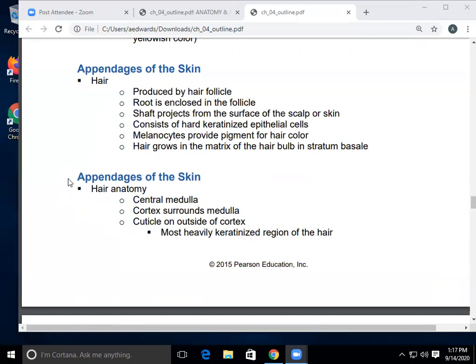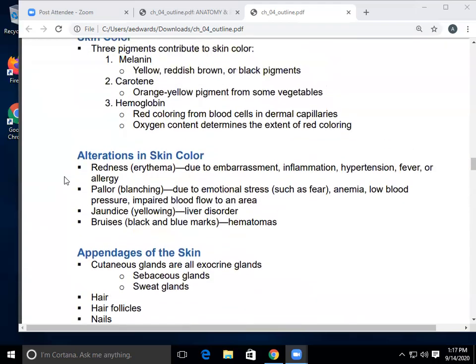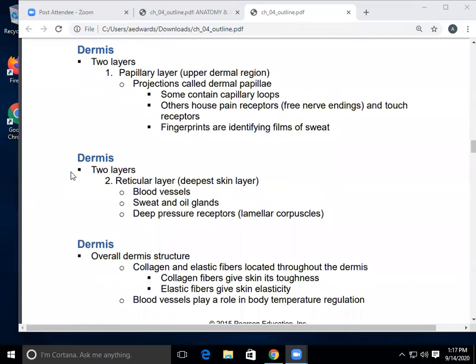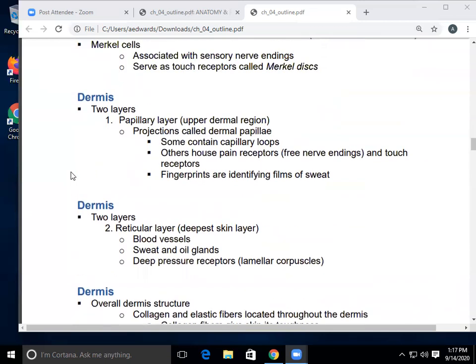Yes? The what is outside the skin? So the reticular layer? Sure. I know we talked about the reticular layer with the skin earlier, right? So let's go back up. We had a papillary layer and a reticular layer with the dermis.